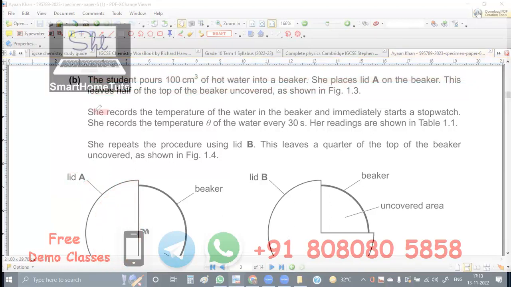She records the temperature of the water in the beaker and immediately starts the stopwatch. She will record the temperature theta of the water every 30 seconds. The readings are shown in table 1.1. We will see that table also.